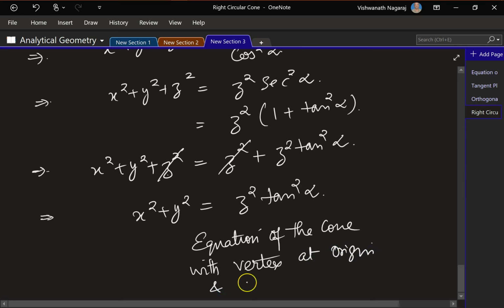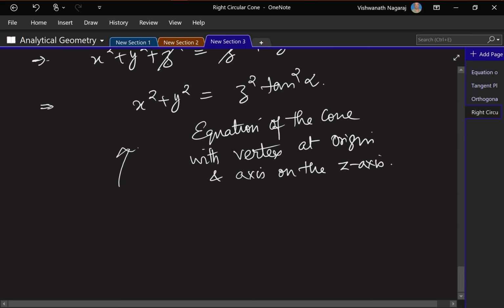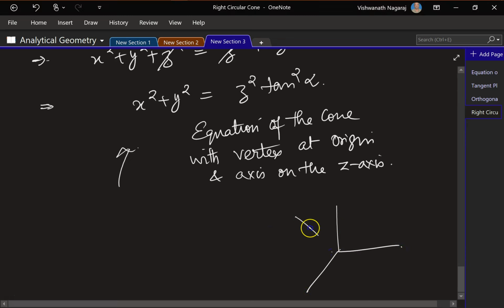This is the equation of the cone with vertex at origin and axis on the z-axis. Another way in which this equation can be derived is, imagine this is the coordinate system, okay, and let's say this is the cone, vertex is at origin.